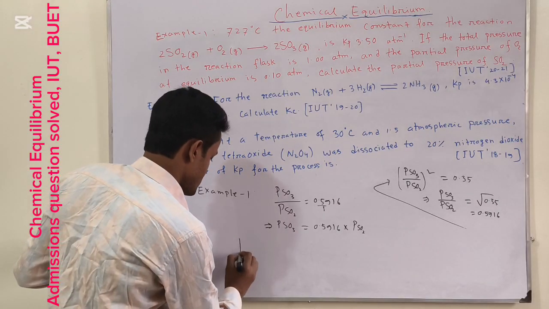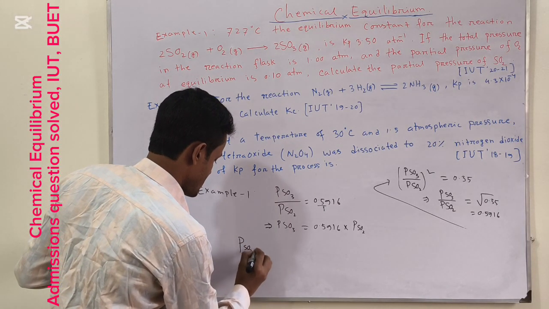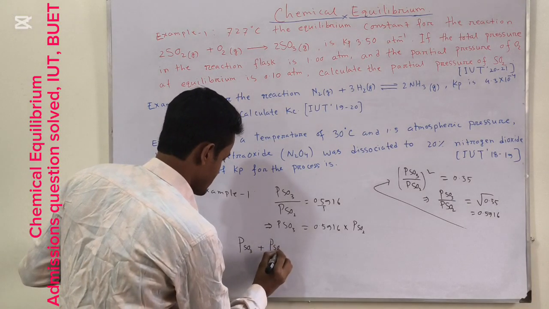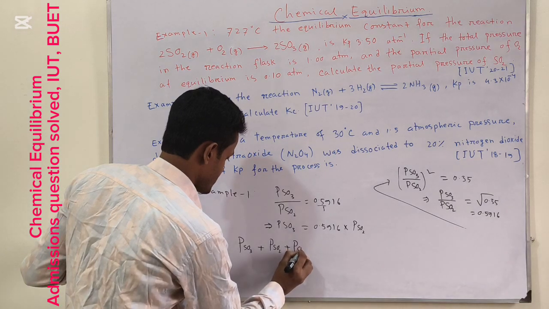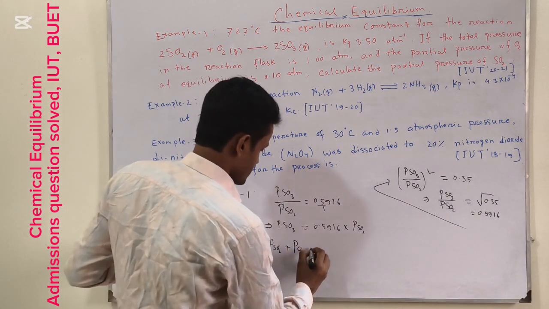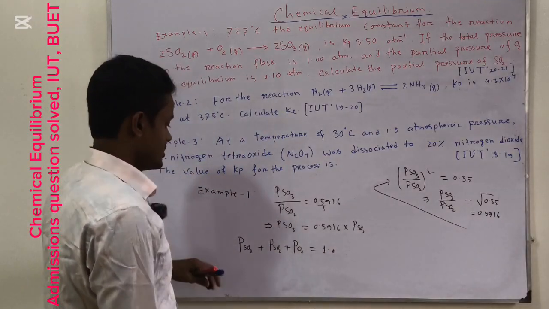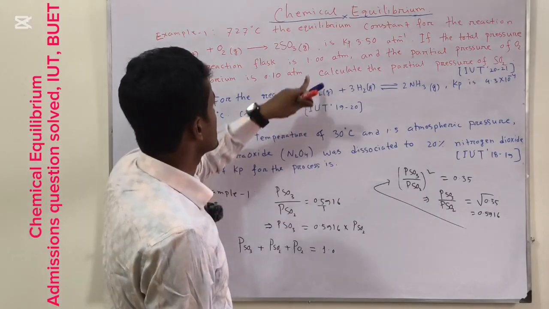We can write the total partial pressure: the partial pressure of sulfur dioxide plus the partial pressure of oxygen equals 1.